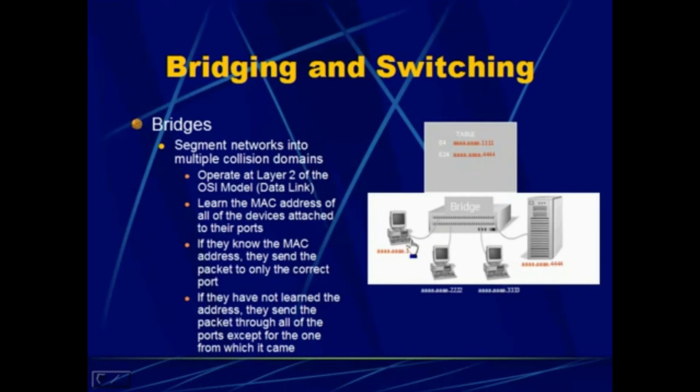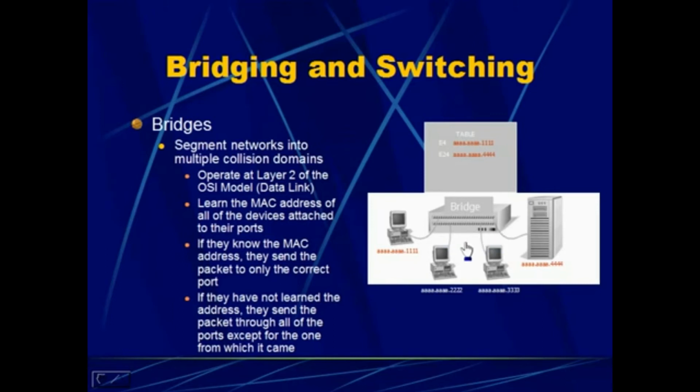That's what's in my table: its source address was my E4 port, and its destination address is my E4 port. So what the bridge or the switch will do at that point is stop it right there. It won't send any information out anywhere else.